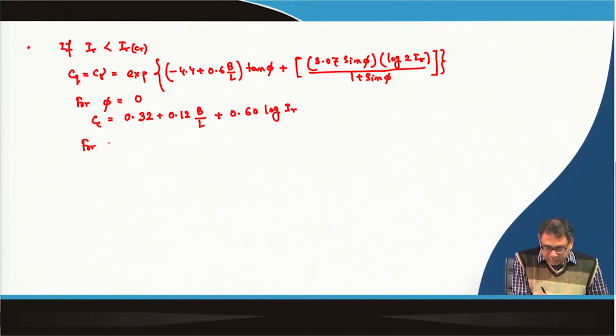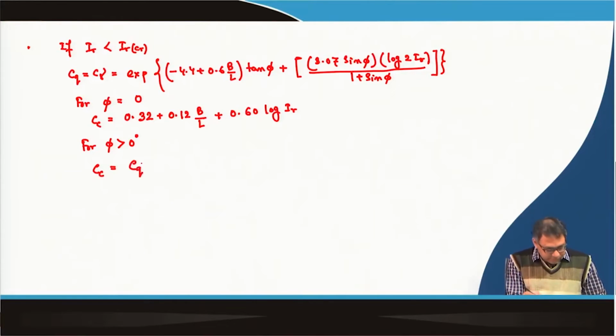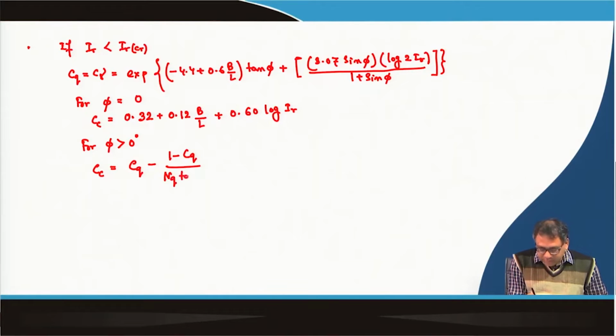For phi greater than 0 degree, Cc is equal to Cq, we have to calculate Cq, minus 1 minus Cq divided by Nq tan phi.